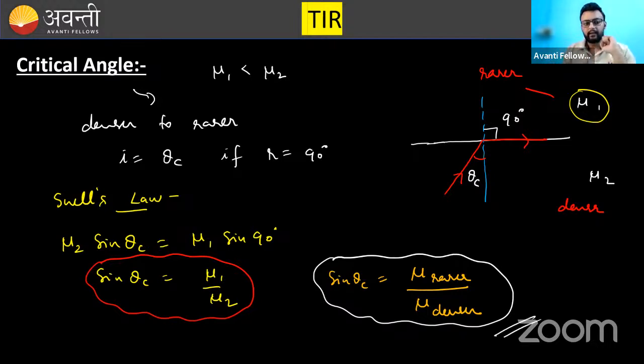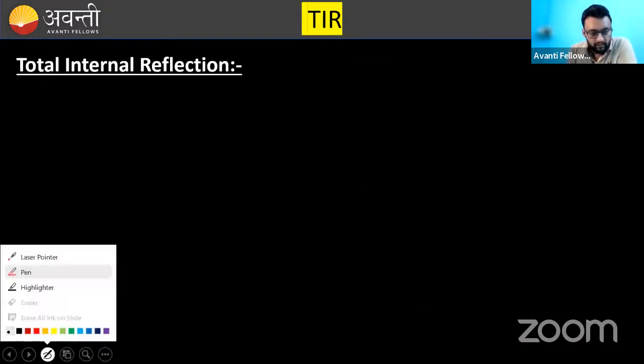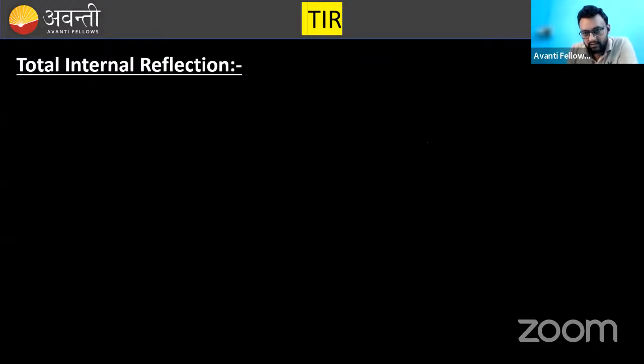Moving further, there is another concept, TIR, known as total internal reflection. Now, this is again a very simple concept. Let's suppose there is a medium, once again, the similar media mu1 and mu2. This is the normal, I suppose.